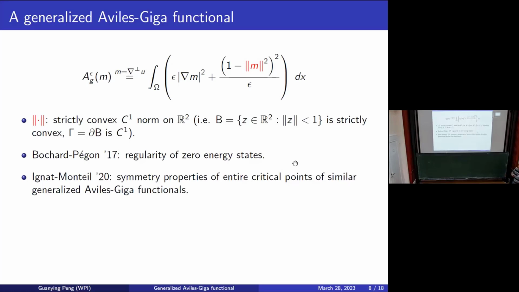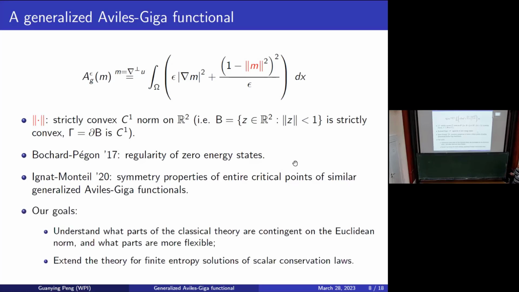And then in our work with Xavier and Andrew, we took a closer look at this energy functional, and our goals are twofold. We wanted to understand what parts of the classical Aviles-Giga theory are contingent on the Euclidean norm and what parts are more flexible. And also we wanted to better understand the finite entropy solutions for scalar conservation laws.